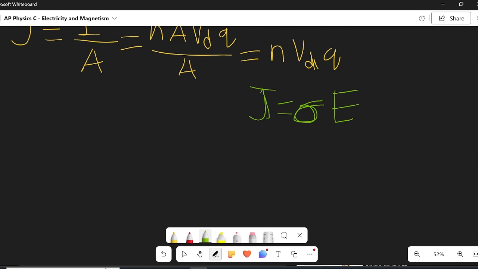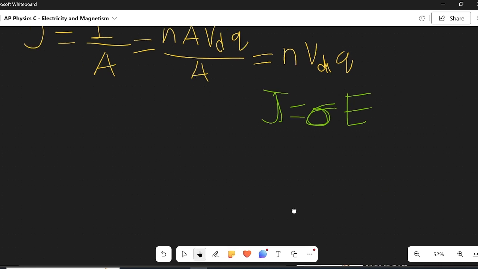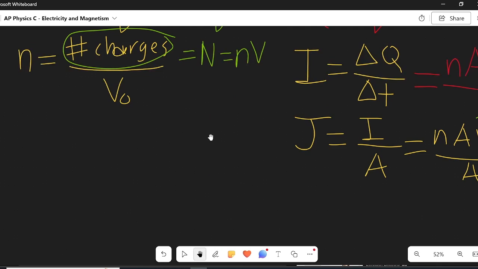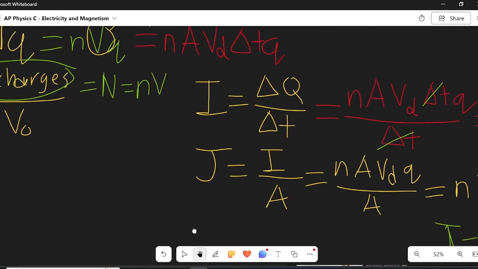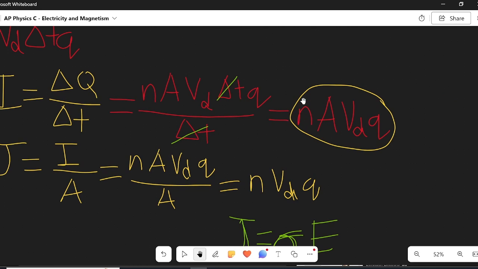And like we covered earlier, an electric potential difference across the wire is what actually causes the current. Remember, current as we defined here is the number of charges through an area multiplied by the drift velocity multiplied by the charge. If there's no potential difference, that means that this drift velocity is 0.